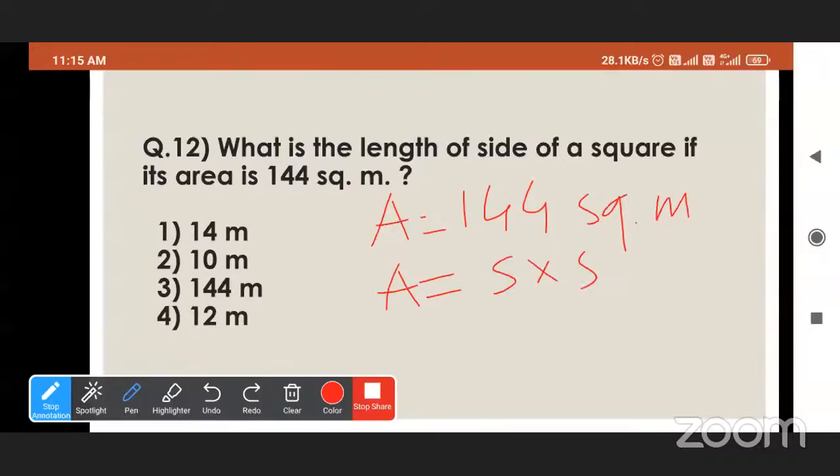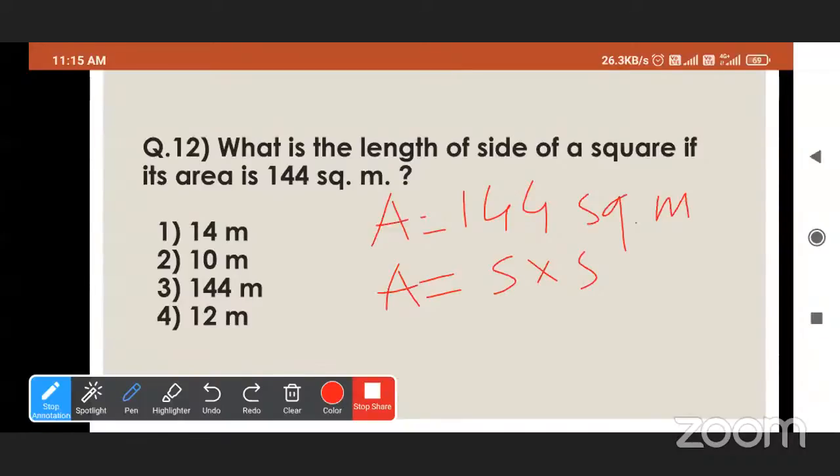Now see, we have 4 options: 14 meter, 10 meter, 144 meter and 12 meter. The number which multiplied by itself gives 144, that option is right. So we will check the first one.